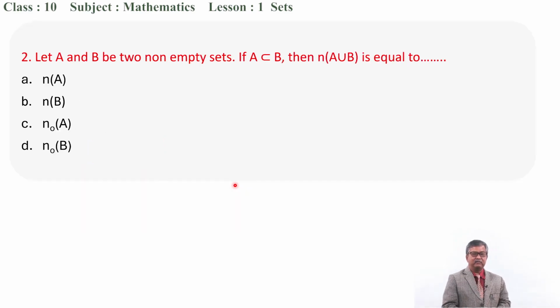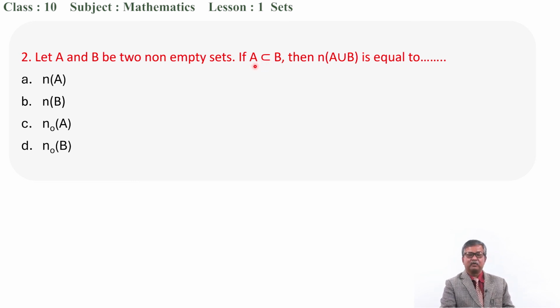Now the next one. Let A and B be two non-empty sets. If A is a subset of B, then the cardinal number of A union B is equal to what? A is a subset of B. I told you that this symbol is for subset, also for proper subsets.